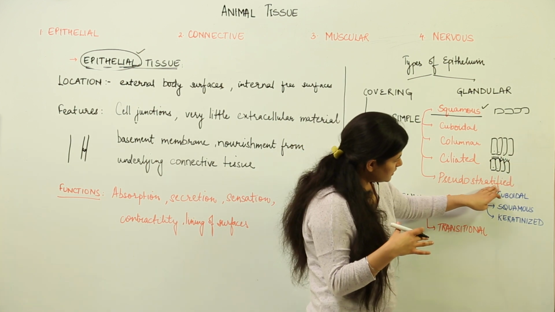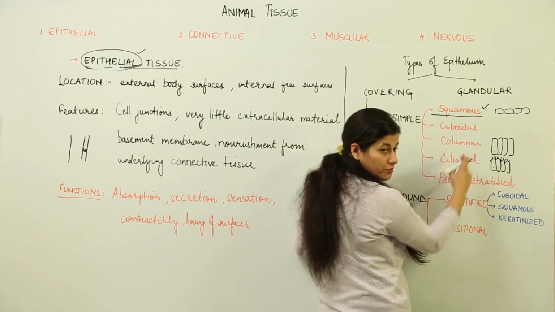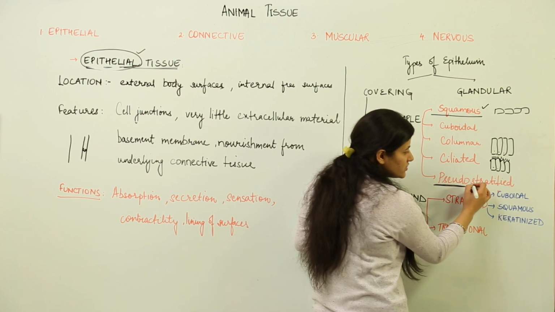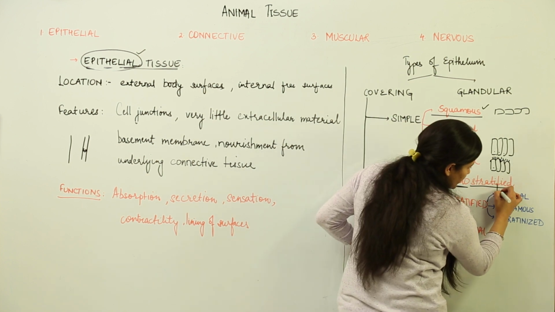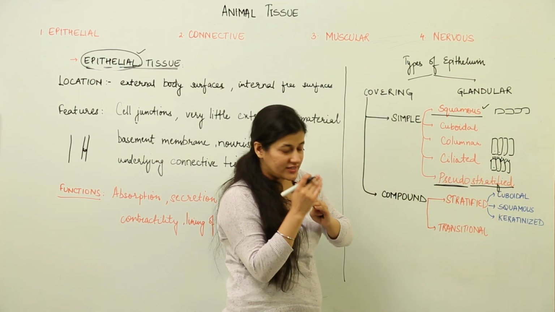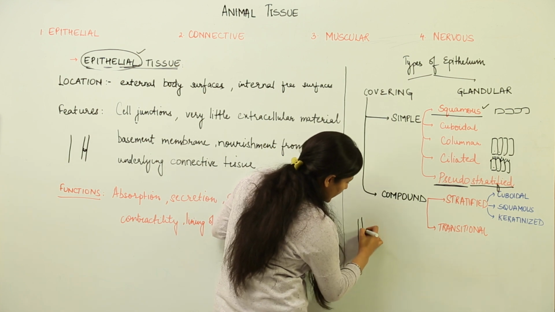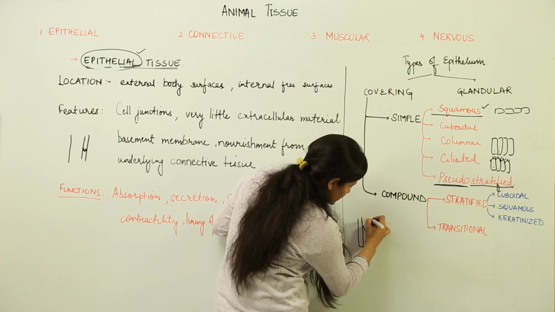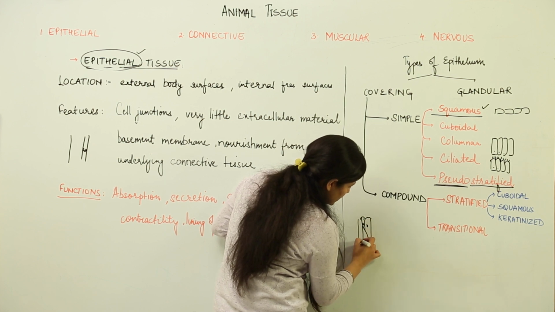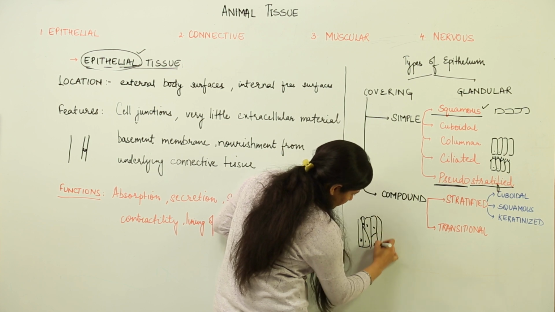And then the condition is pseudo stratified. Pseudo stratified is also a type of columnar epithelium, but as the name suggests, pseudo means false and stratification means levels. So when we talk about pseudo stratified, there would be a false level of cells. The columnar epithelium would have a single layer, but the cell size would not be similar and the nuclei would appear in such a manner that it appears double layered or triple layered.